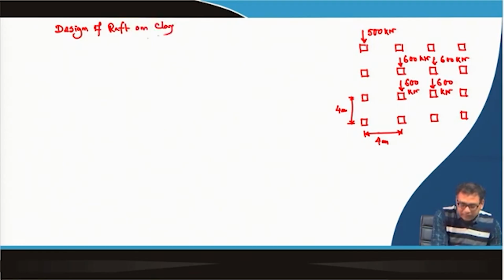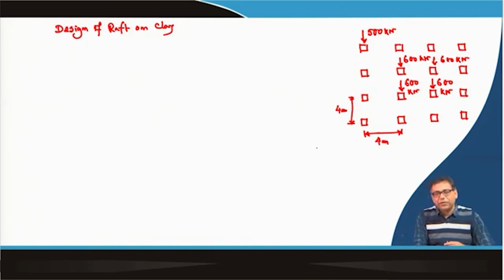On clay. So for the initial trial we will consider a length. The length or B will be the same, because it is a square pattern of building. We are taking the minimum width.